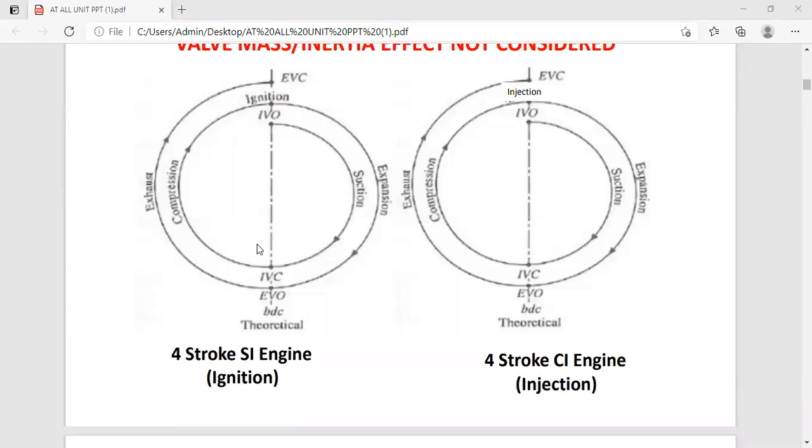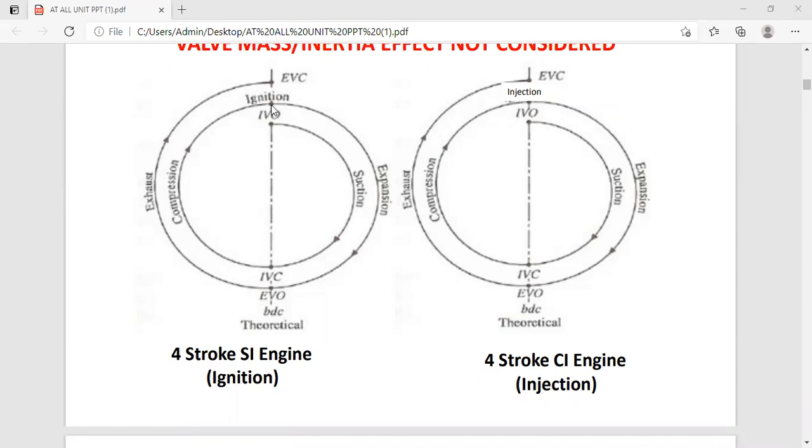Next point is the ignition. Here we are providing the ignition point. Due to the time lag between the supply of the spark and the ignition of the charge, the spark is provided a few degrees before the end of the compression stroke. This is called ignition advance also.